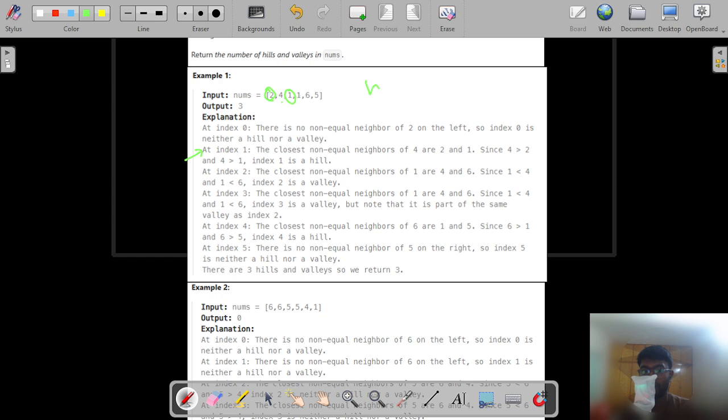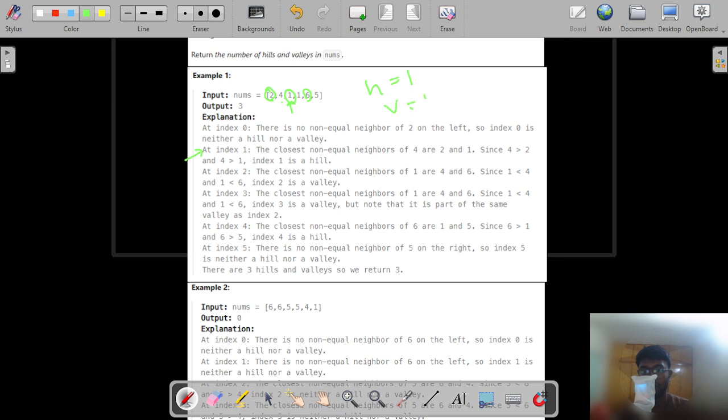So we have one hill. Once we come to index 2, which is 1, the closest non-equal neighbors are 4 and 6. So since 1 is less than 4 and 1 is less than 6, index 2 is a valley.